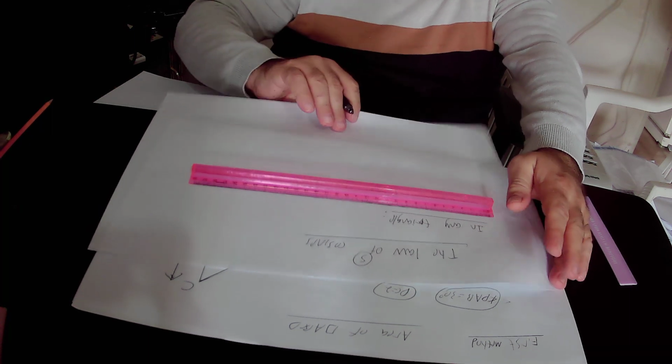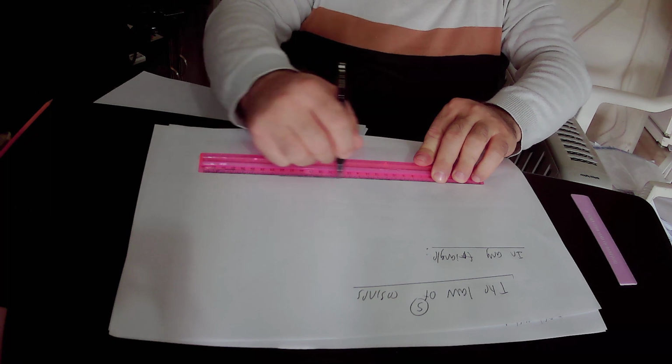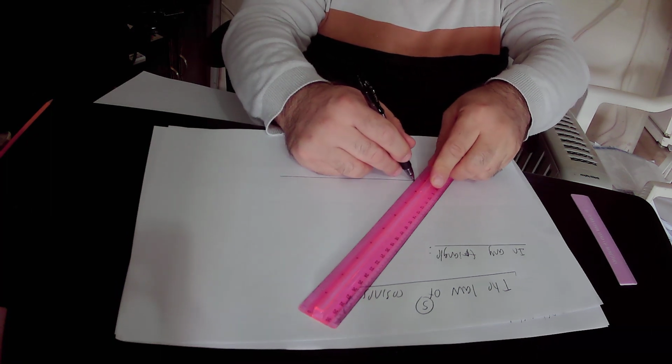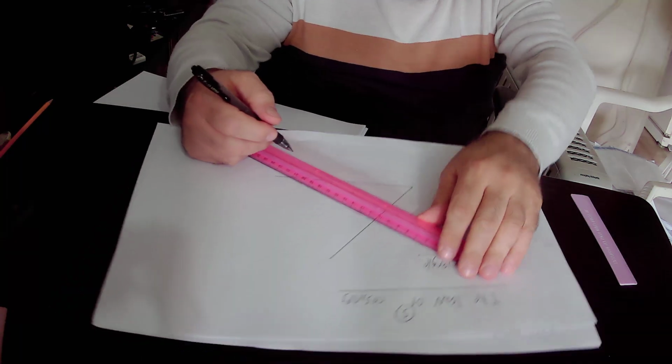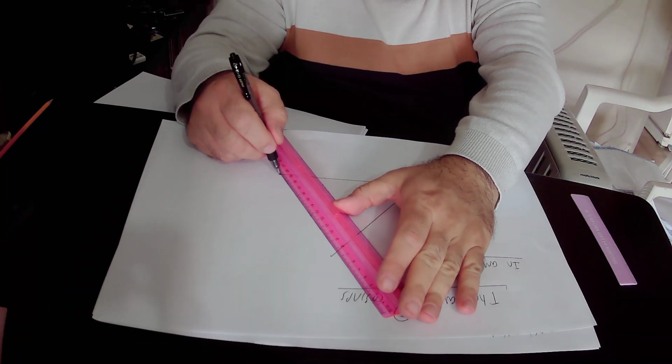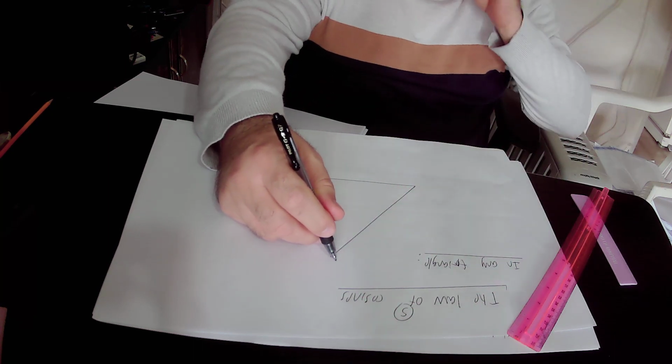if we have triangle ABC, that could be any triangle, this is triangle ABC.